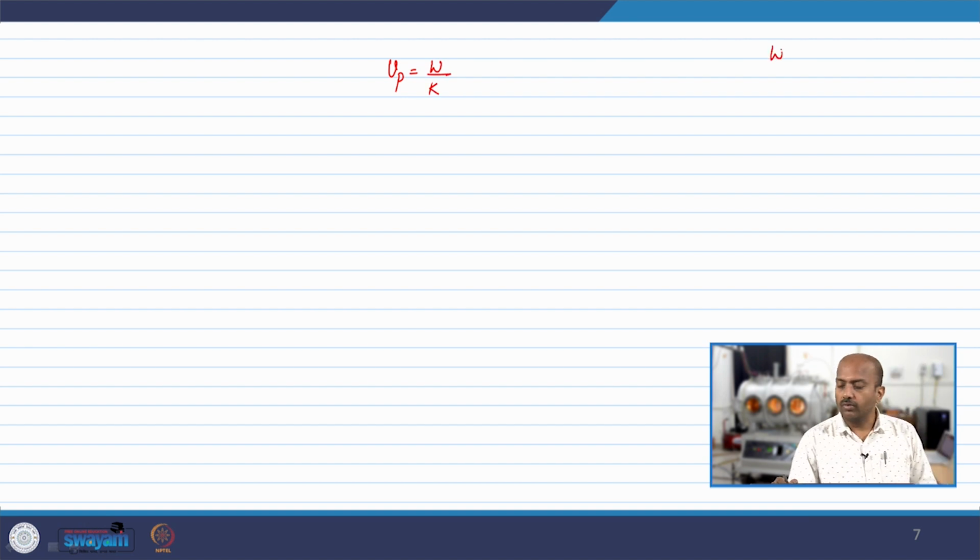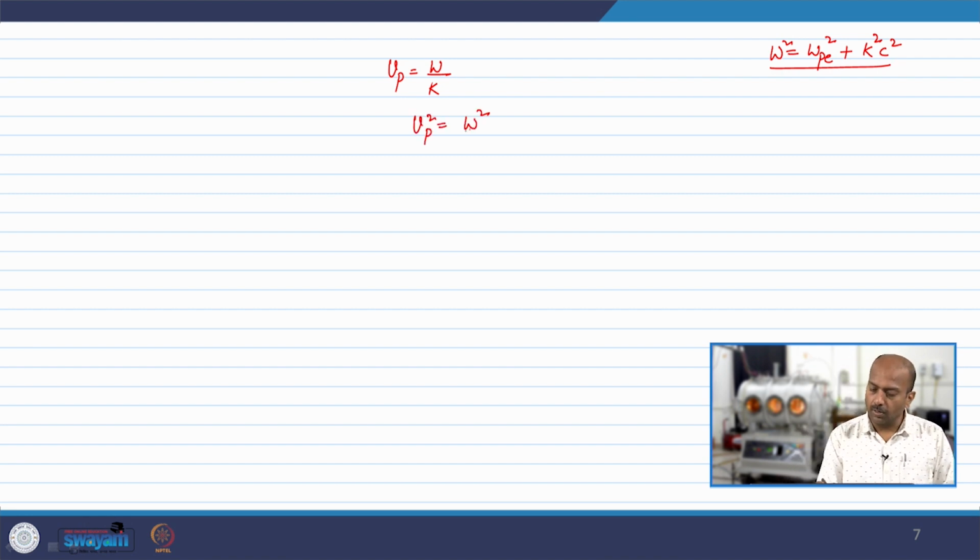So, if you use for reference omega square equals omega pe square plus k square c square, this dispersion relation carries all the information that is required for understanding electromagnetic wave propagation in the plasma. So, Vp square can be written as omega square by k square, which is omega pe square by k square plus c square.